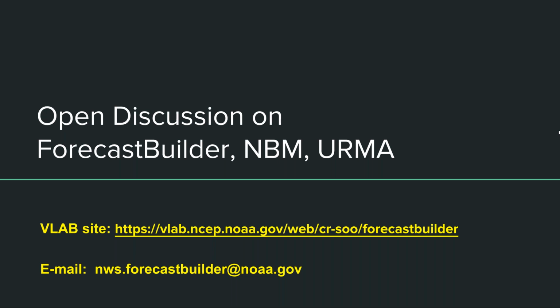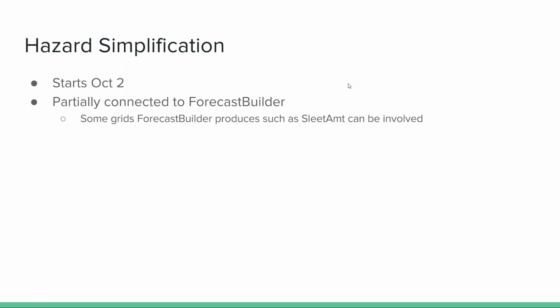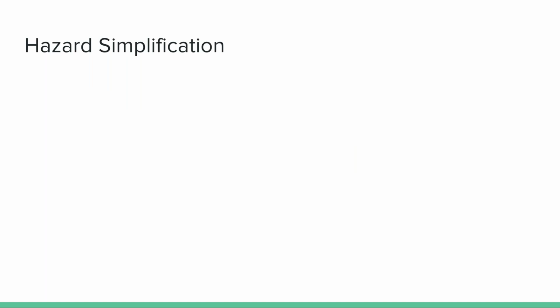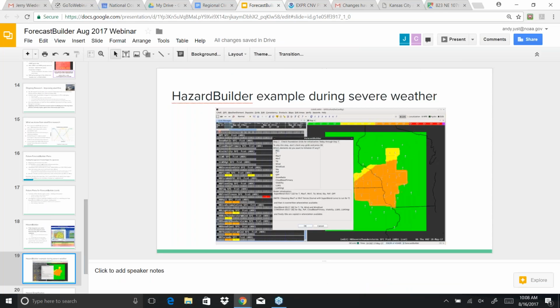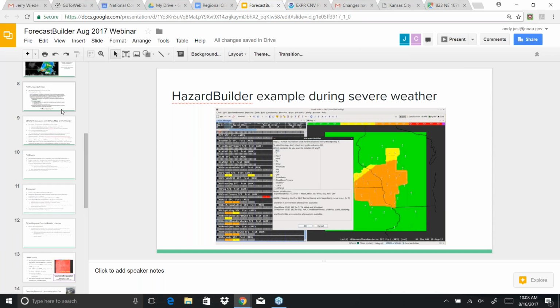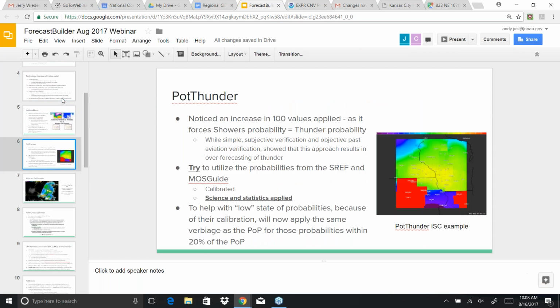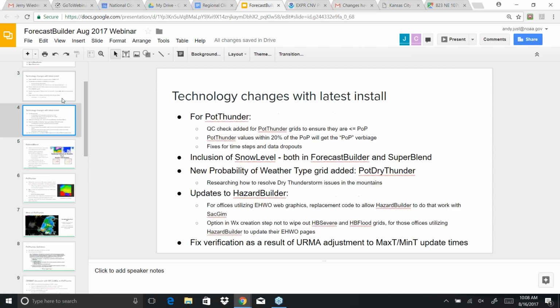Yep. Okay, can you go back to your slide that talks about limiting the pop and the probability of thunder? Basically just the opposite of that, where you look at the definition of thunder and you set the thunder as less than or equal to the pop. Yeah, let's go to that. Or actually, we'll just go to the text.